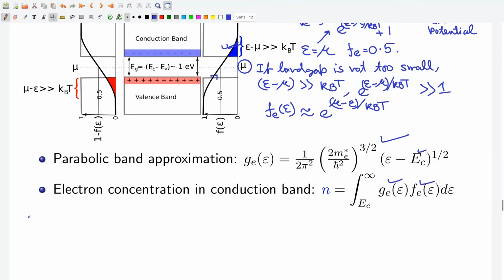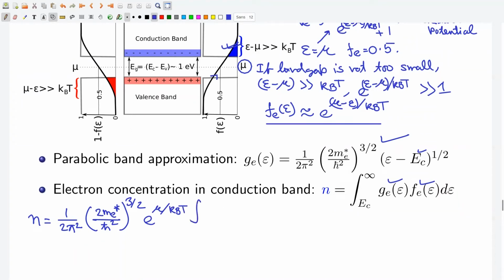Putting the value of density of states and Fermi function, we get n equal to 1 by 2 pi square times (m_e star by h bar square) whole power 3 by 2, and we use this expression for the Fermi function such that we get e power mu by kBT integral EC to infinity (E minus EC) whole power half exponential minus E by kBT dE.